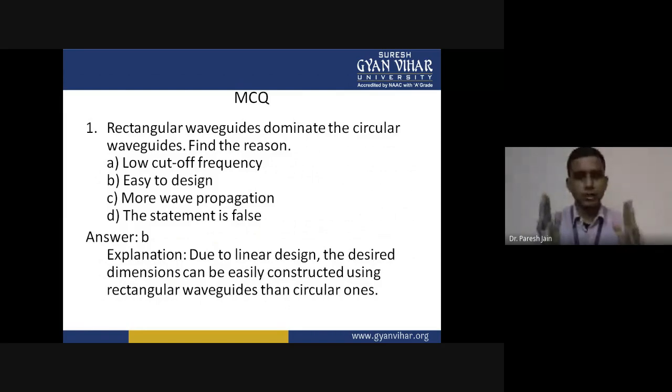Choice B is easy to design. C, more wave propagation, and D, the statement is false. The explanation of this answer is that, due to the linear design, the desired dimensions can be easily constructed using rectangular waveguides rather than circular ones.